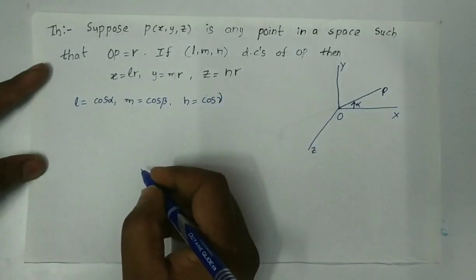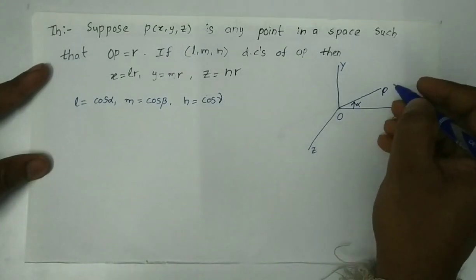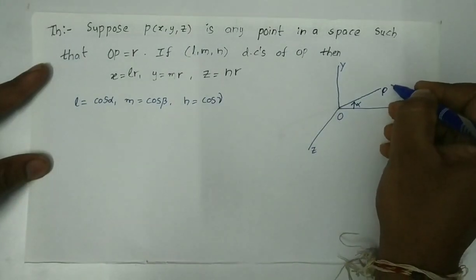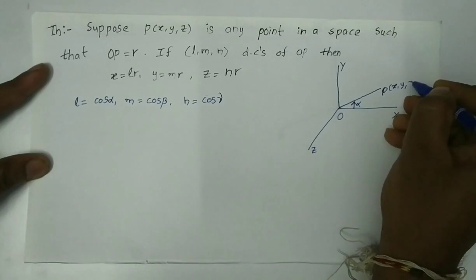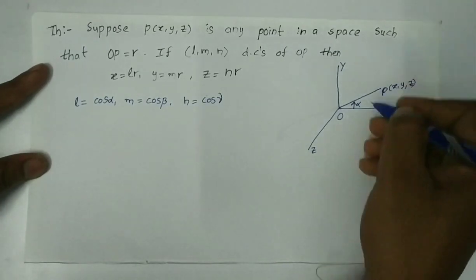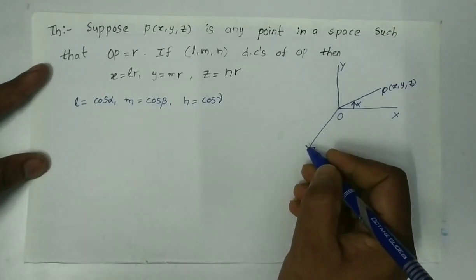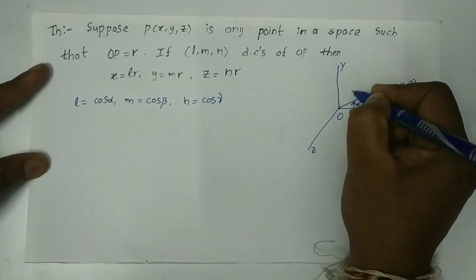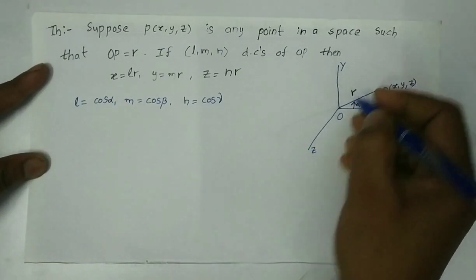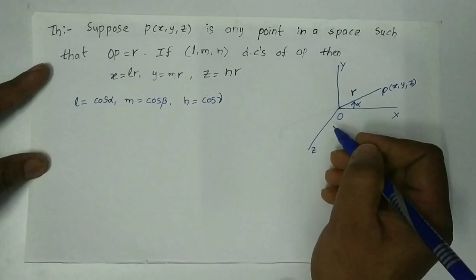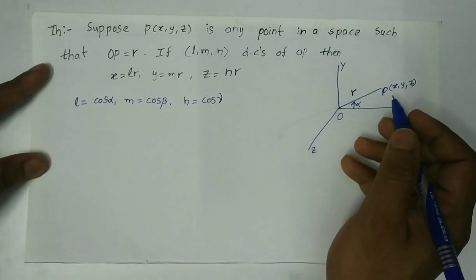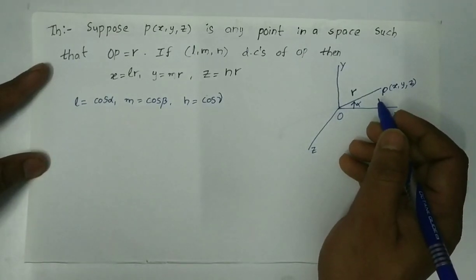Now let us consider the coordinates of the point P as x, y, z, because this is a space, and consider OP to be r, where r is the distance between the origin and the point P(x, y, z).